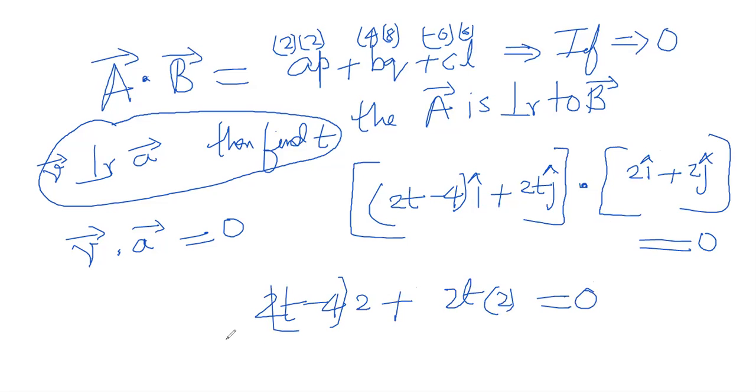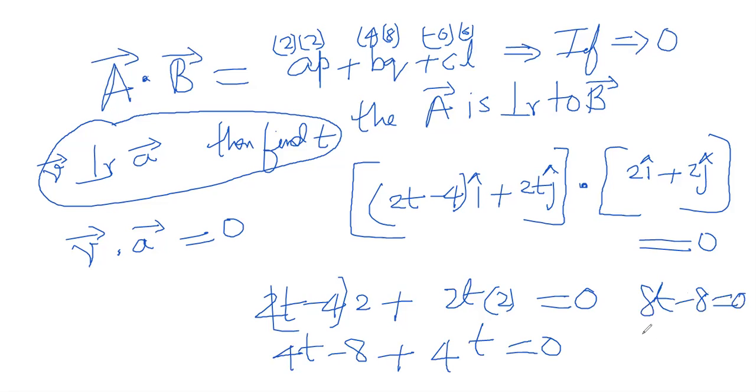Now 4t minus 8 plus 4t is equal to 0. 8t minus 8 is equal to 0. So what is the time t? 1. Very good. That is the answer.